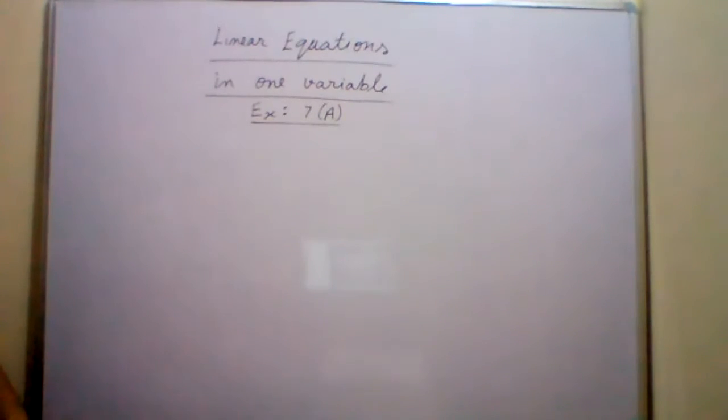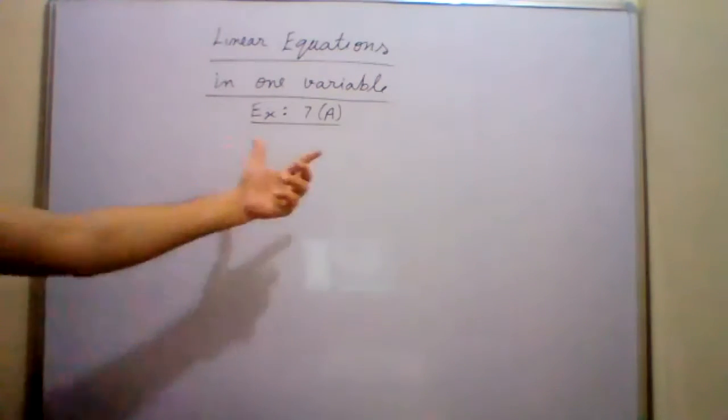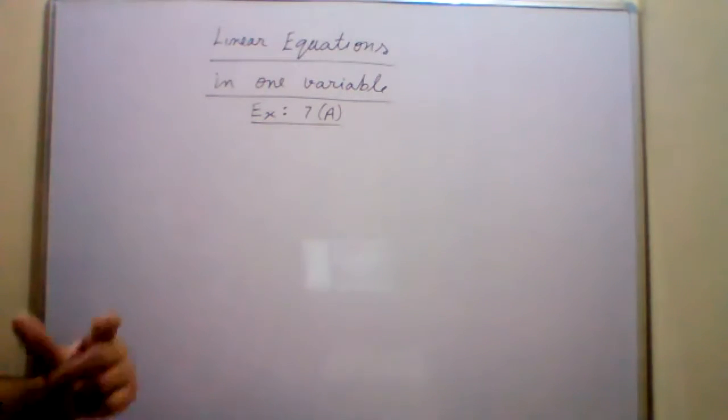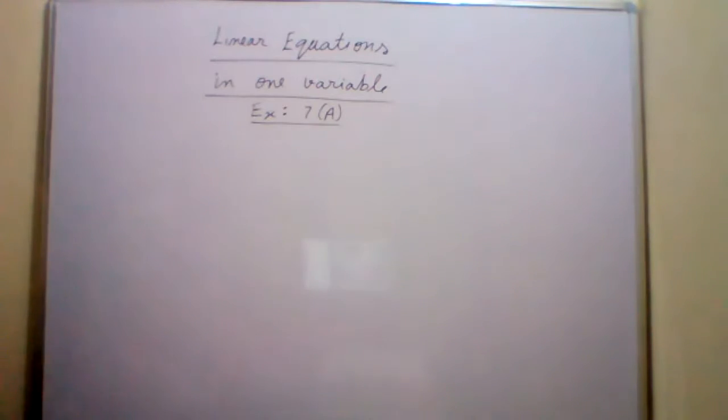Now, have you all understood linear equation in one variable? Krishna also just now explained what are linear equations in one variable. When there are two expressions which are separated by an equal to symbol, and the degree of the equation is 1, that means it is a linear equation and it has only one variable.